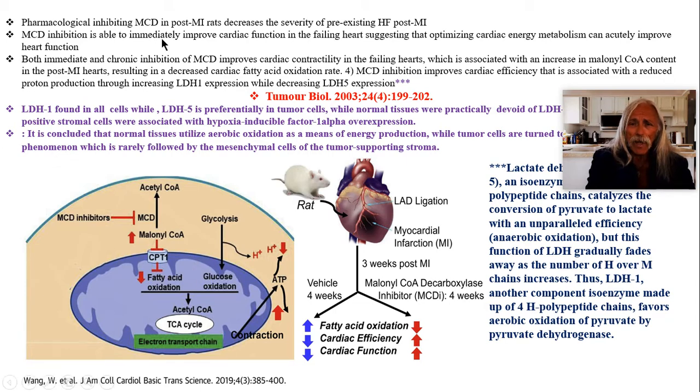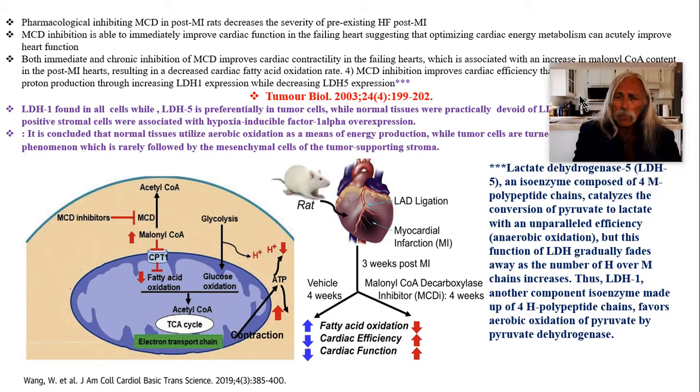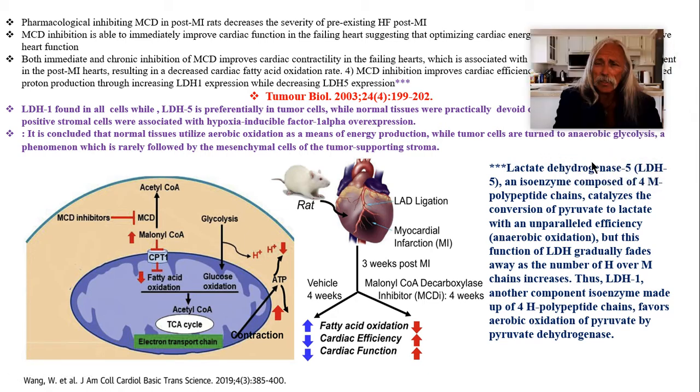Now, I put these little asterisks up to remind me. Lactate dehydrogenase 5 is an isozyme of that enzyme composed of 4 M-type polypeptide chains. It catalyzes the conversion, of course, of pyruvate to lactate with an unparalleled efficiency. So it's anaerobic oxidation, right? So dehydrogenase, that's what those do.